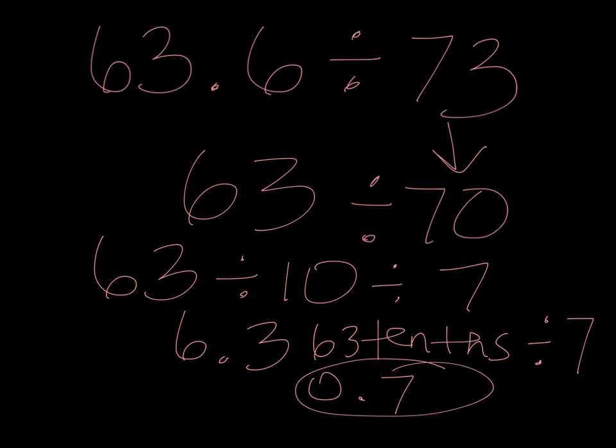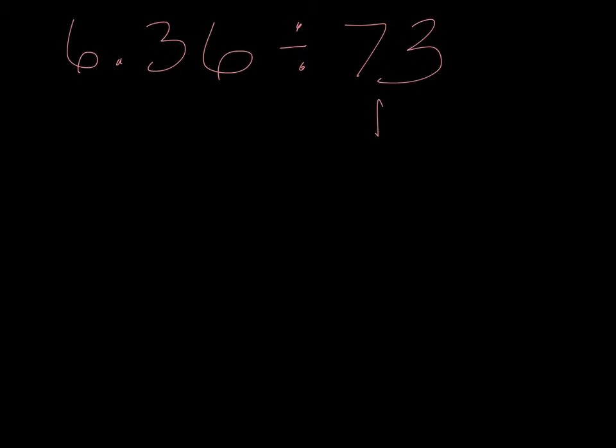Okay, let's try one more, very similar to the one we just did. 6 36/100ths divided by 73. The first thing we round again is our divisor. I'm going to round 73 to 70. Now I'm going to use my knowledge again of basic facts, right? I know that 7 goes into 63 9 times.